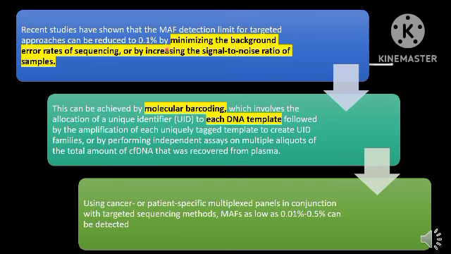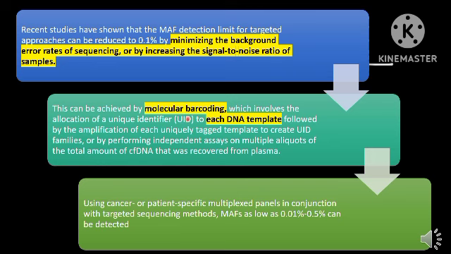So with the help of targeted sequencing, to reduce our limit of detection to 0.1%, we need to minimize the background error rates of sequencing, as well as increase the signal to noise ratio of samples.